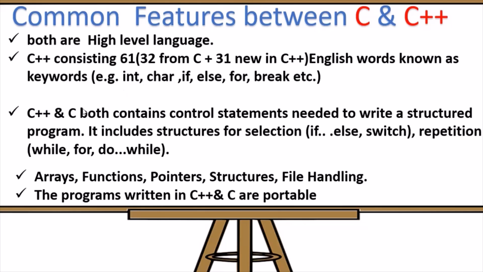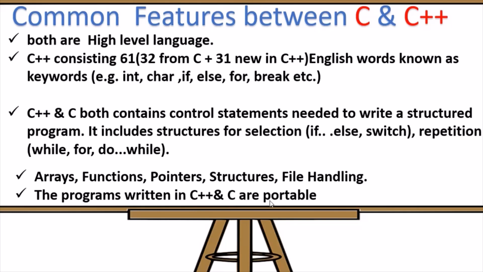We can't change the meaning of the keywords. Now the next feature is C++ and C both contain control statements: if, else, switch, and loops: while, for, do-while. If you have already done C language, you are familiar with these keywords.